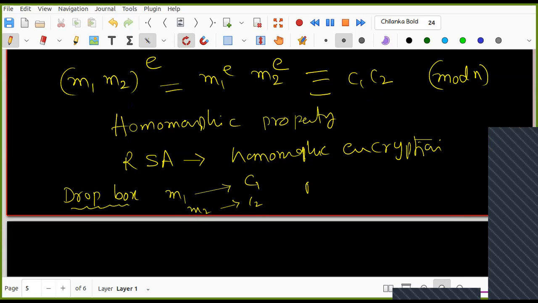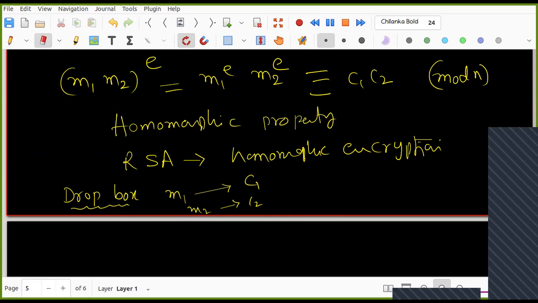C1 into C2 is actually the ciphertext for M1, M2. I simply multiply there itself, and I get the ciphertext for M1, M2, right? Instead of getting your original text and multiplying them again, I can directly multiply C1, C2. Like that, certain operations can be done there itself without going back and forth.